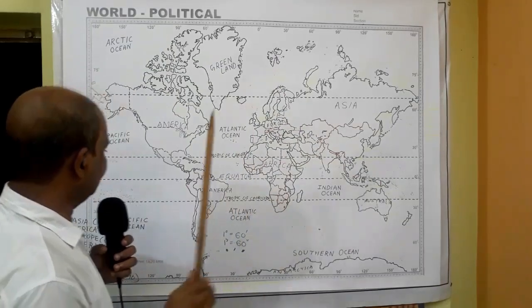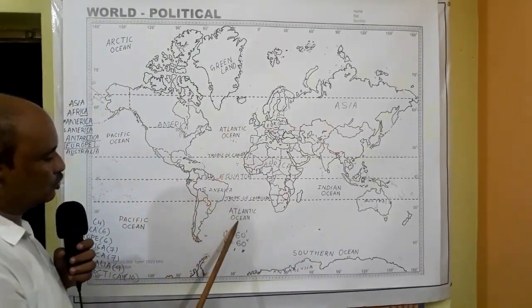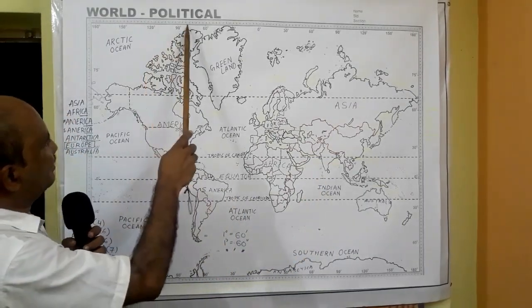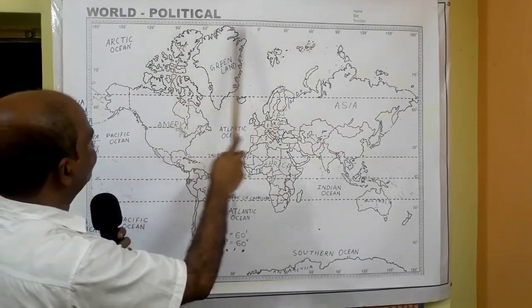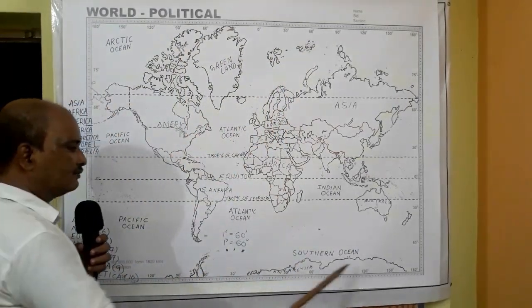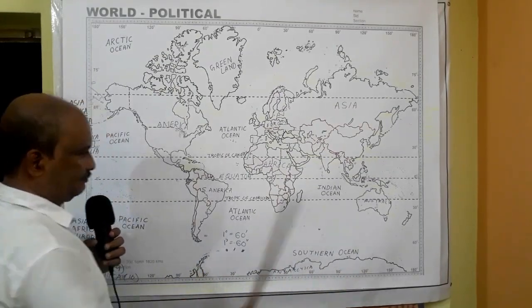Okay, right. Now let me start. Pacific Ocean, Atlantic Ocean, Indian Ocean. Next, towards the north side we have the Arctic Ocean, and towards the south we have Antarctica or the Southern Ocean.